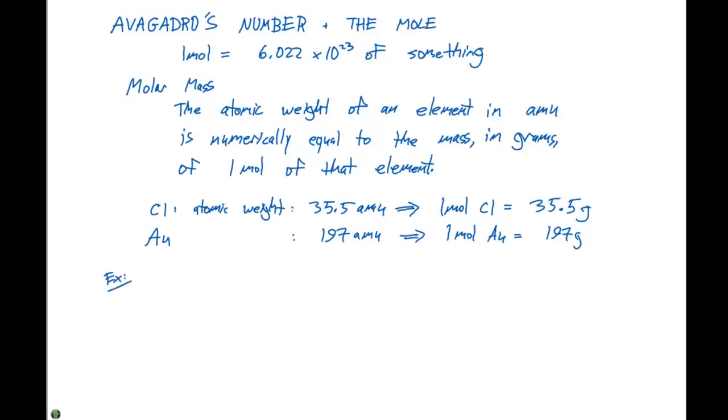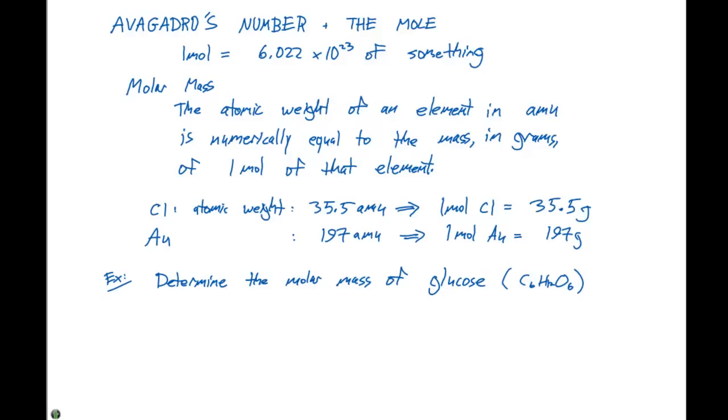The example problem we are going to do will ask us to determine the molar mass of glucose. And glucose is C6H12O6. So we need to determine this molar mass.